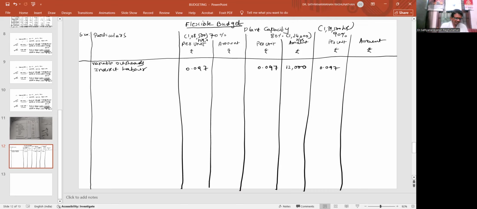Now I am going to calculate the total amount column for 70% capacity. 1,08,500 into 0.097. 10,524.5 means 10,525. Like that you have to write. Okay. And then this we have calculated already. 1,39,500 for 90% I am calculating. 1,39,500.